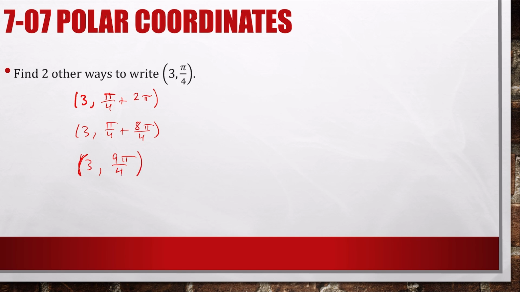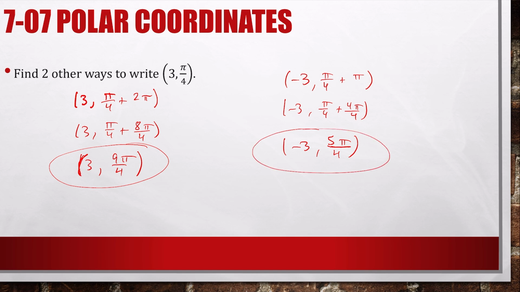That's one way. Or we could make our r negative and add 1 pi. Of course, we need a common denominator. So negative 3 and 5 pi over 4. Or we could add 4 pi or subtract 2 pi or all kinds of things.